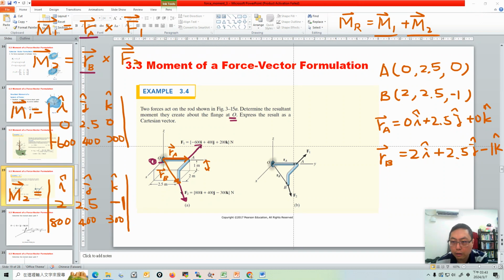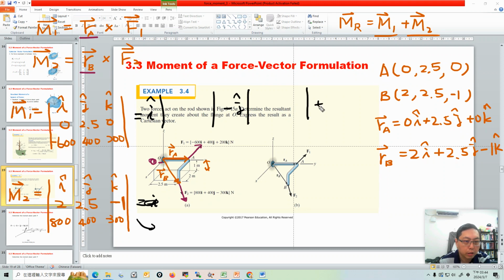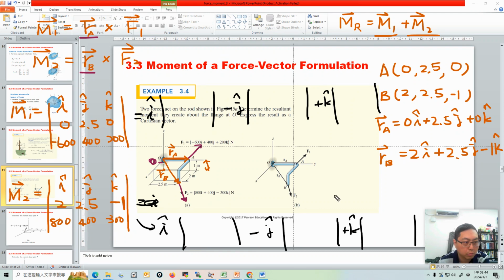Next we have to do the expansion of the 3 by 3 determinant. So it's i, then minus j, 2 by 2 determinant, plus k, 2 by 2 determinant.